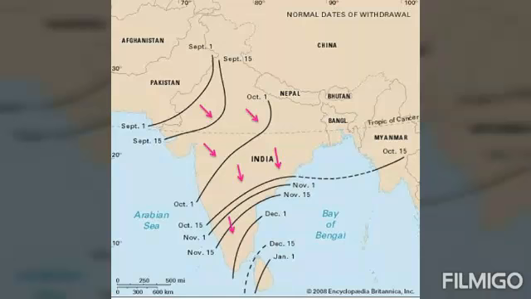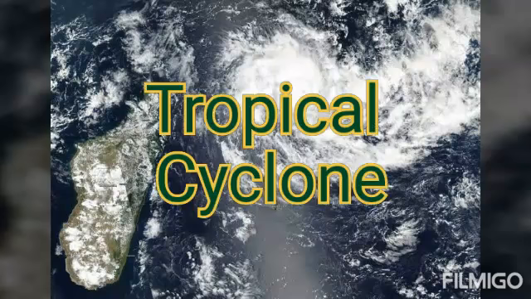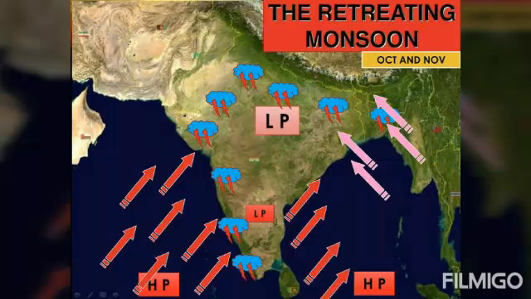The most important feature of this season is the tropical cyclone. There are tropical depressions originating in the Bay of Bengal, caused by local variations of heat and moisture, that lead to tropical cyclones.